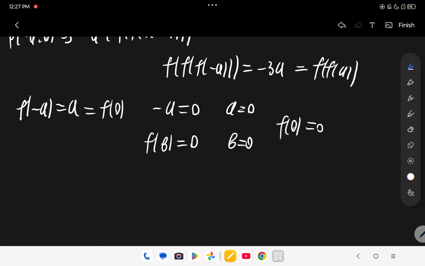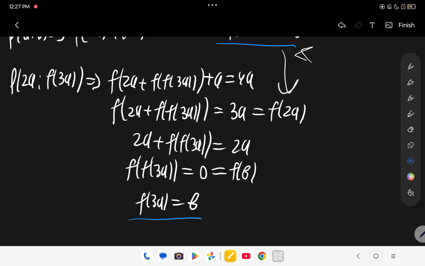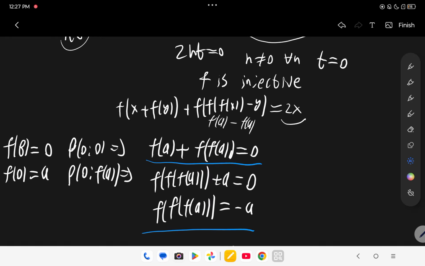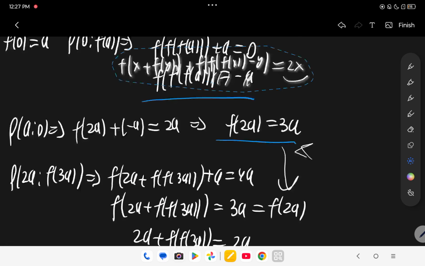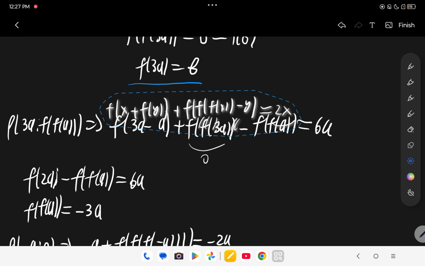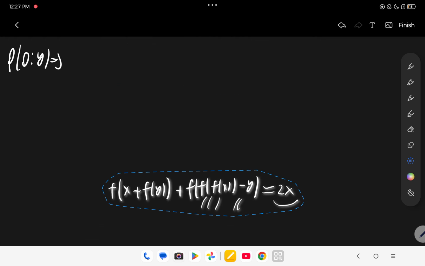Now we will put this. Let's copy the original equation actually. Right here.